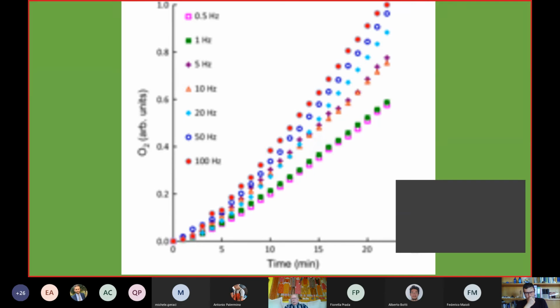In this, we only look at one effect. What is the effect of light frequency? And you see now that at higher frequencies of the flashing light, you have an increased rate of photosynthesis. Now, you get into economics.